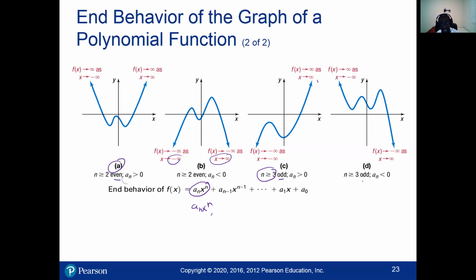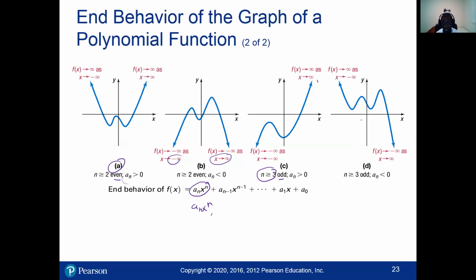And lastly, if n is odd, the degree is odd, and a_n, the leading coefficient, is negative, then the opposite of graph C happens, which means that as x goes to positive infinity, the function falls to the right, and it rises to the left as x goes to negative infinity.